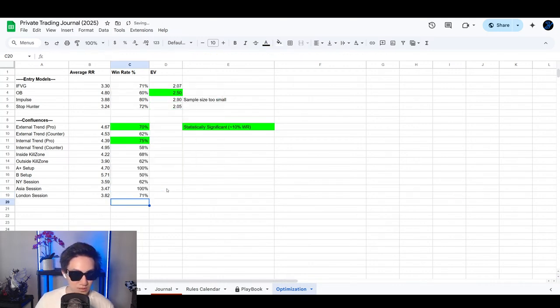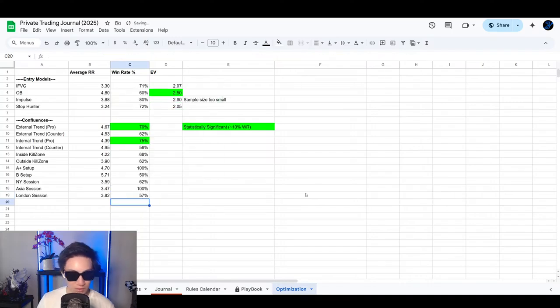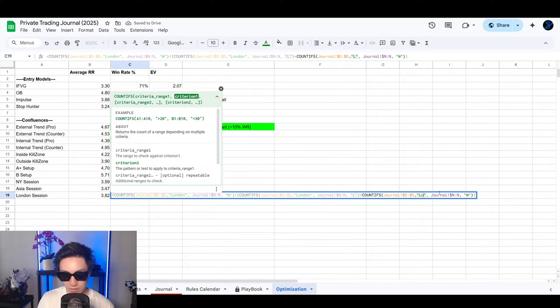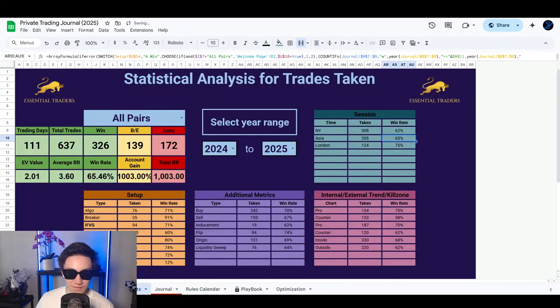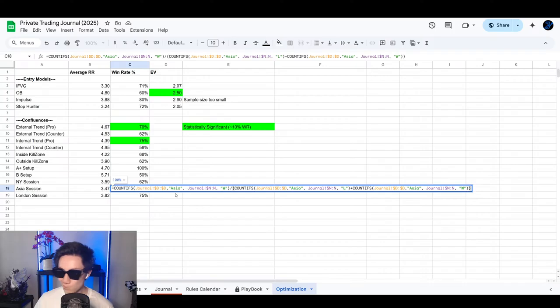But go to London session here. That is very strange. London's 75%, which is correct. Asia has a glitch here. I need to figure it out, because it's not supposed to be 100%. Every other session works, so something is up here.